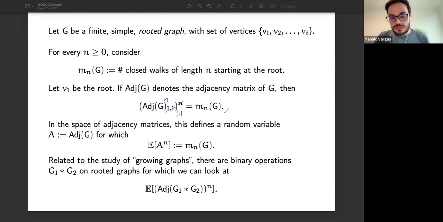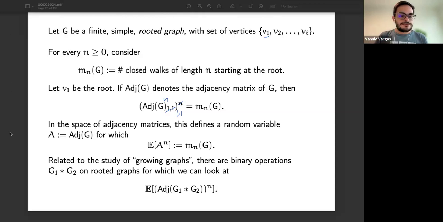That gives you the number of closed walks starting at vertex 1,1 and ending at vertex 1,1, which corresponds to the vertex V1. So if V1 is the root, then that corresponds to the number of closed walks of length n, starting and ending at this root.